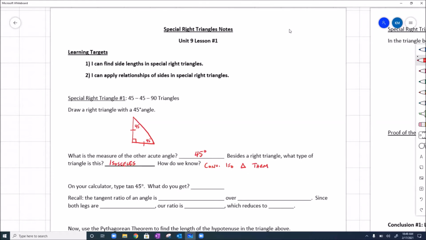Okay, so on your calculator, if you type tangent 45, and I'll give you a second to do that, what do you get? If your calculator is in degrees, you'll get 1. And recall that the tangent ratio of an angle is opposite side over adjacent side.